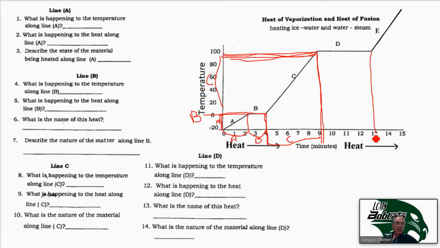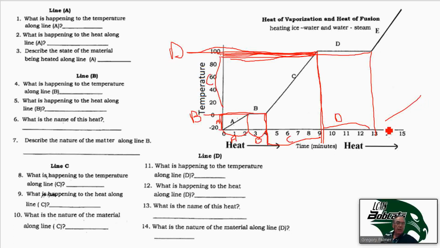On the x-axis, this part represents line D. So the heat for line D starts at about 9 and ends at about 13. On the y-axis, D is only 1 point. It's right here. And then line E begins here and it just continues on.